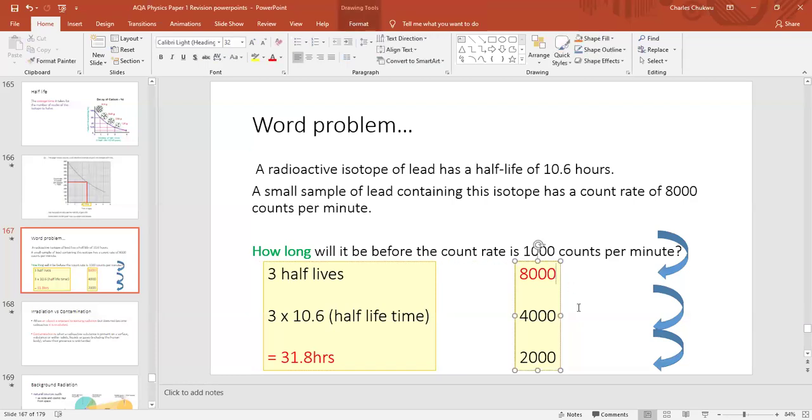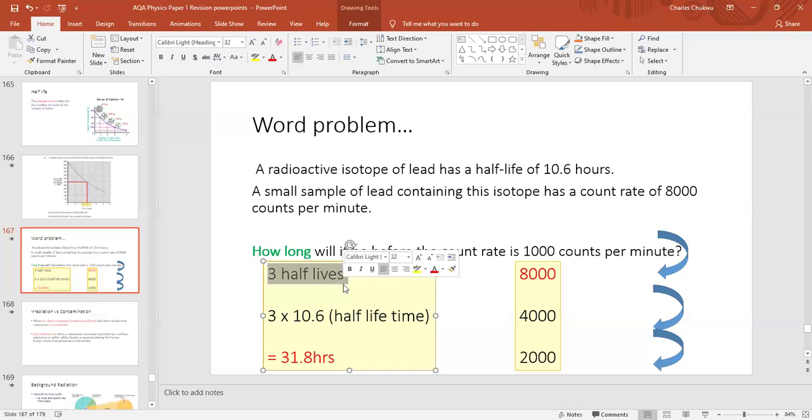So this is what happens. By the time 8,000 is halved, it will become 4,000. That is the first half-life. When 4,000 is halved, it will become 2,000. That's the second half-life. And when 2,000 is halved, it will become 1,000. That's the third half-life. So that's how we arrived at these 3 half-lives.